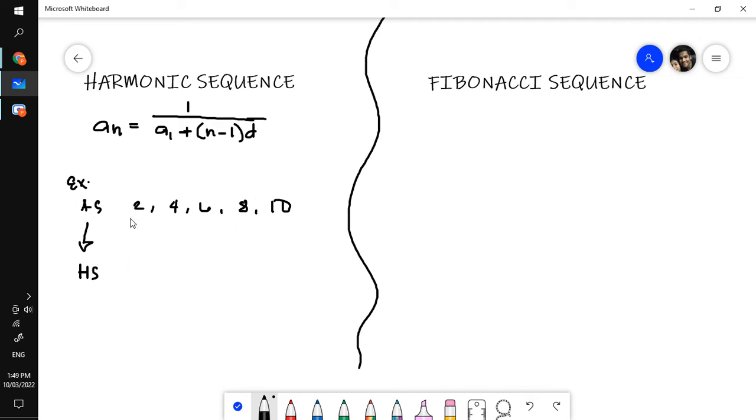If this is your arithmetic sequence, then the harmonic sequence will be 1/2, 1/4, 1/6, 1/8, as well as 1/10. So simple as that. Again, the main thought here is that the harmonic sequence is just the reciprocal of the arithmetic sequence.